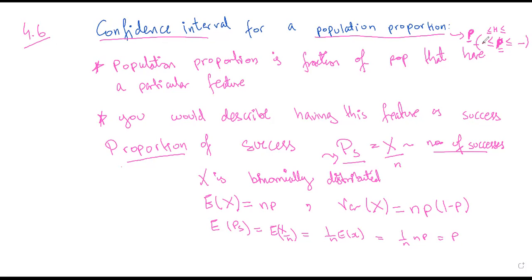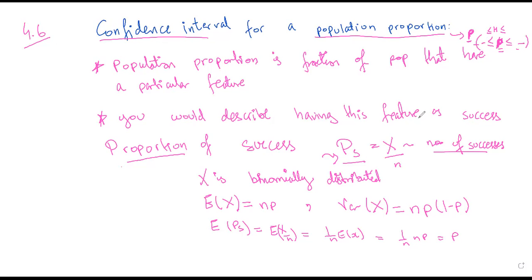Now, because this is new, you need to understand that the population proportion is the fraction of the population that has a particular feature. You would describe having this feature as success. If the probability of owning a car is 0.6, then the probability of success is 0.6, right?